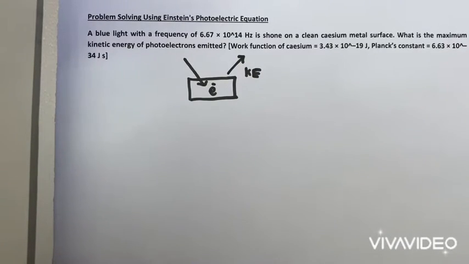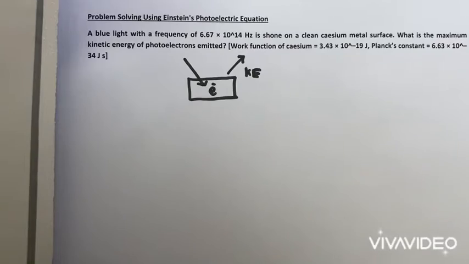I will explain about problem solving using Einstein photoelectric equation. A blue light with a frequency of 6.67 times 10 power of 14 Hz is shown on a clean calcium metal surface. What is the maximum kinetic energy of photoelectrons emitted? Firstly, to answer this question, we must understand it.